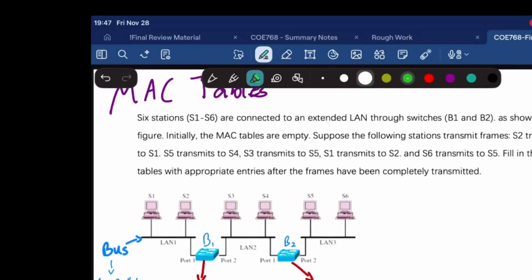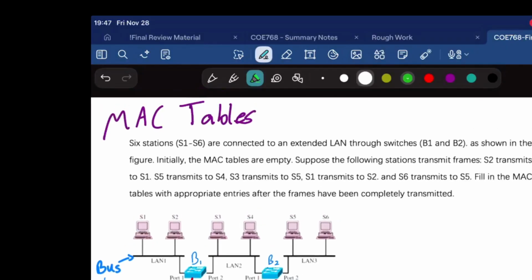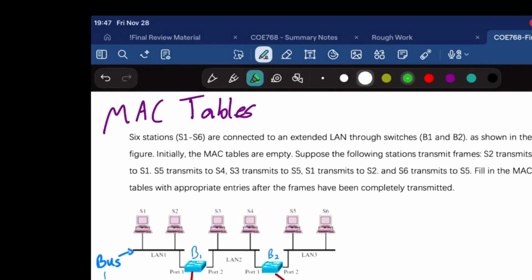Now this is a MAC address tables question. Here we are given 6 stations, S1 through S6. They're connected in an extended LAN through switches B1 and B2, as shown in the figure below. Initially, the MAC address tables are empty.